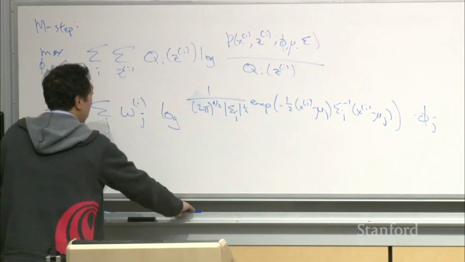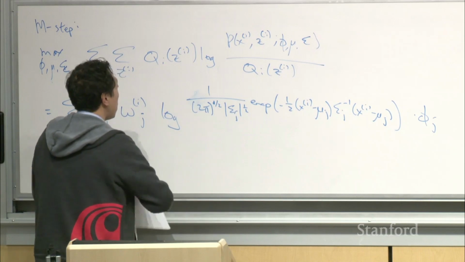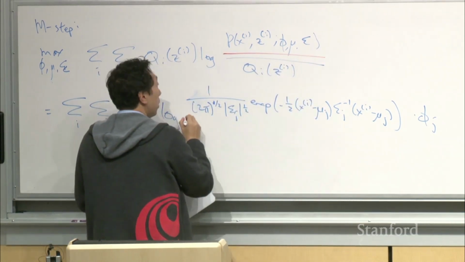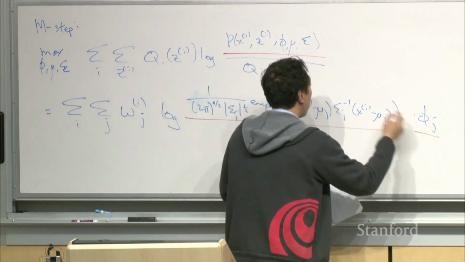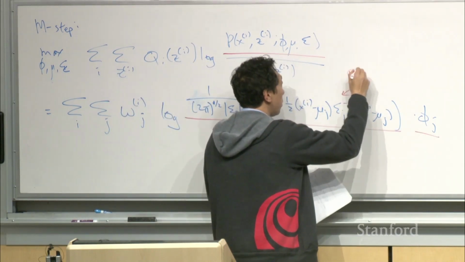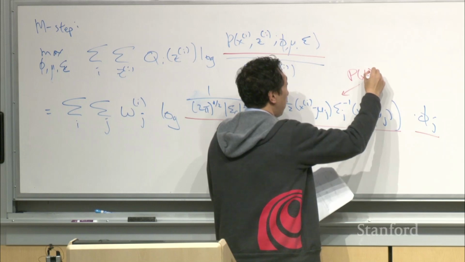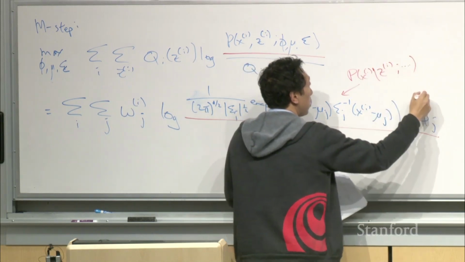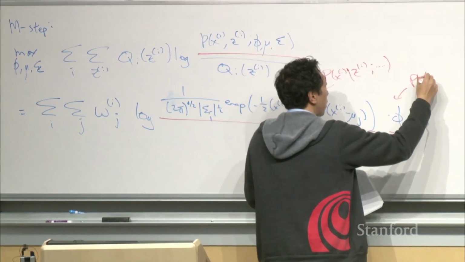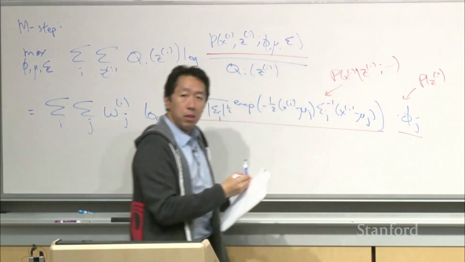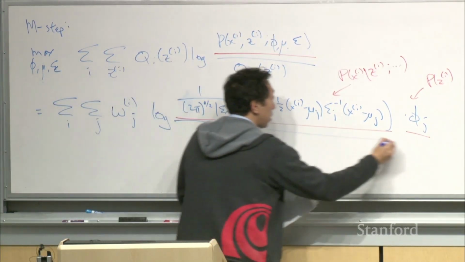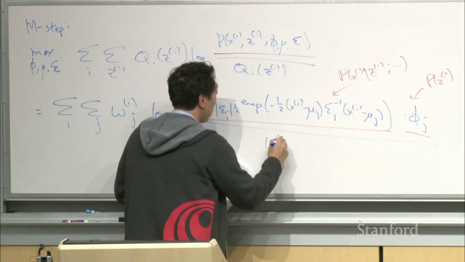That's the numerator. And so this term is equal to this first Gaussian term times that second term, because this term is P of xi given zi and the parameters, and this is just P of zi. Does that make sense? Okay. And then you take this and divide it by Wij.